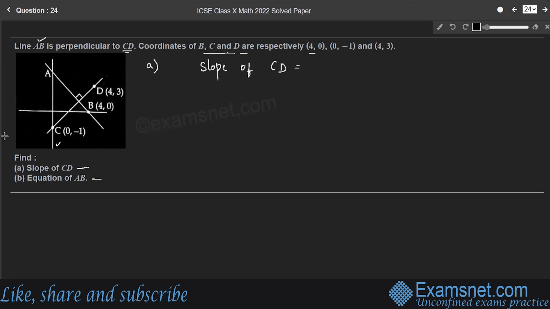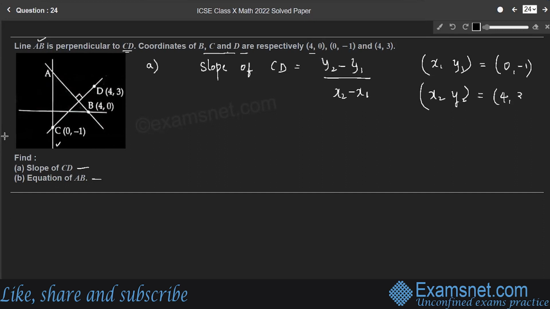So the slope of CD is equal to, the formula says, y2 minus y1, the difference in the y coordinates, divided by x2 minus x1. You can consider x1, y1 as the coordinates of C, so 0 and -1, and x2, y2 as the coordinates of D, so 4 and 3.